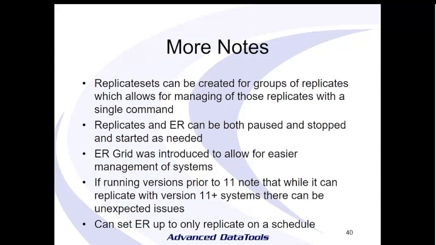I'm not going to go into a full Grid talk here, but it allows you to do things like roll out schema changes across a full set of replicates at once, run commands against a full set. There's all kinds of nice features with it. If you're dealing with a large spread out ER environment, I would highly recommend looking into enabling Grid against it.